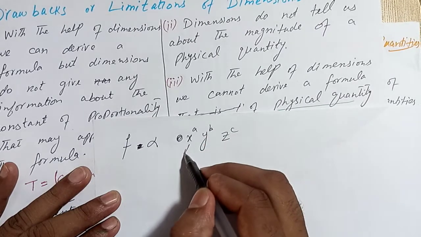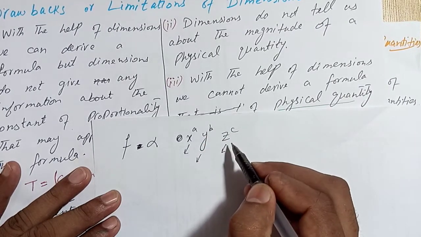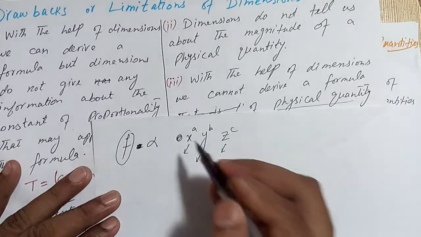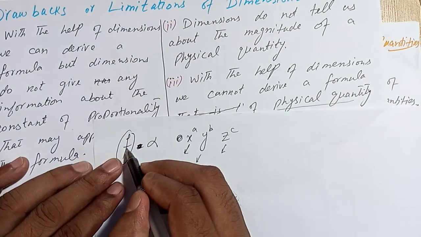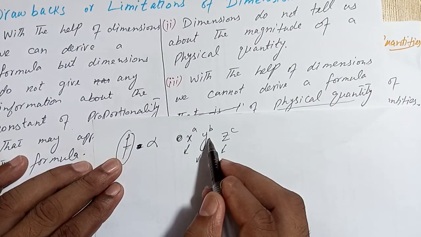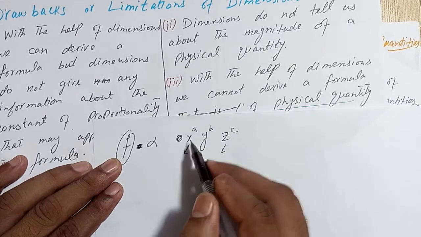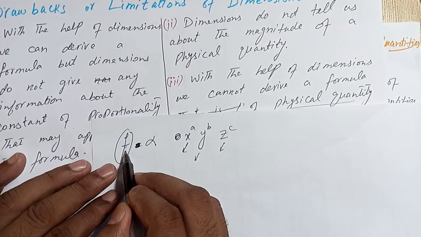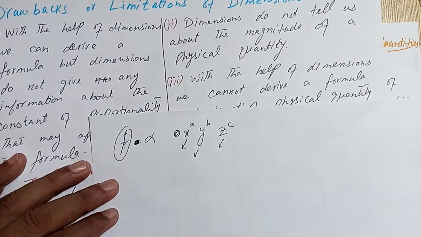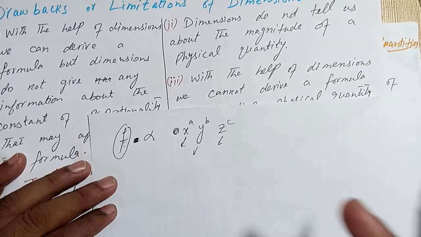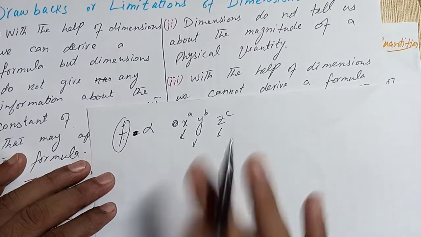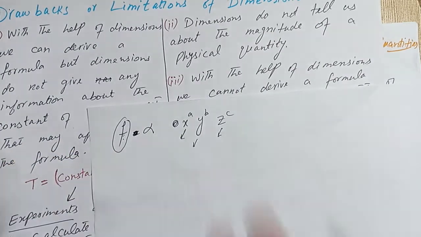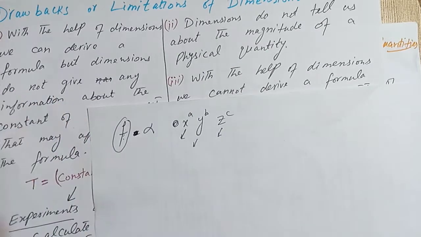For example, if x, y, and z are three different quantities on which this physical quantity depends, and the formula depends on these quantities in such a way that they are being multiplied, then we can derive the formula for this physical quantity with the help of dimensions. But when a formula consists of a sum or difference of two or more physical quantities, we can never guess the correct form of that formula with the help of dimensions.